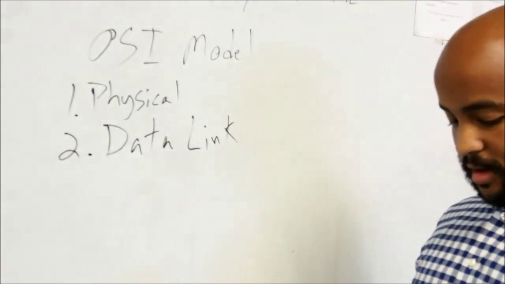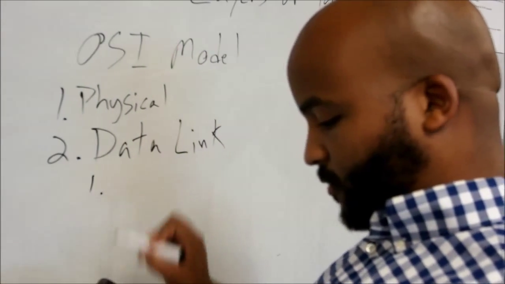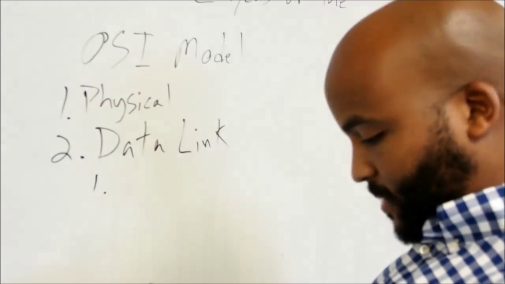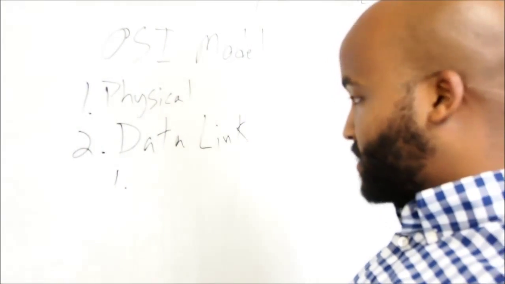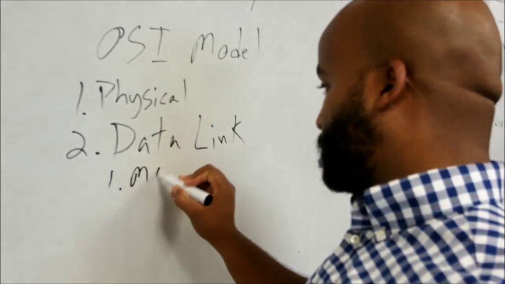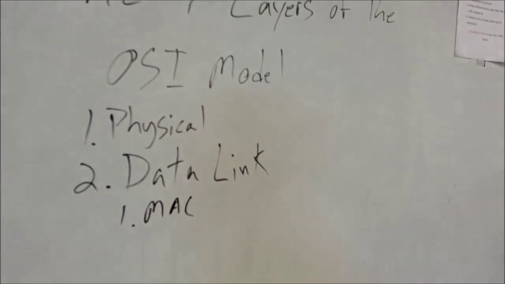The data link layer is divided into 2 sub-layers. You've got the MAC, which is the media access control layer, and then you have the logical link control layer.